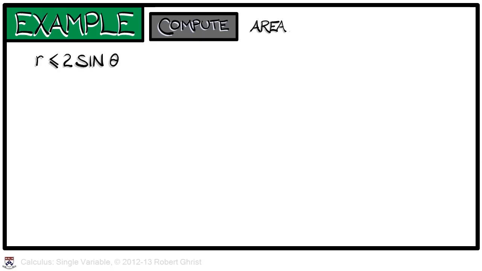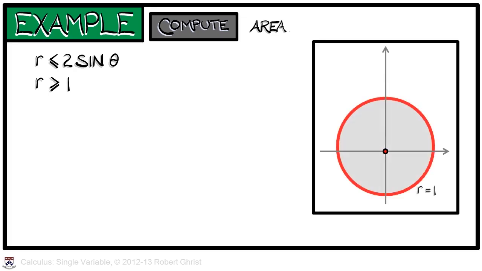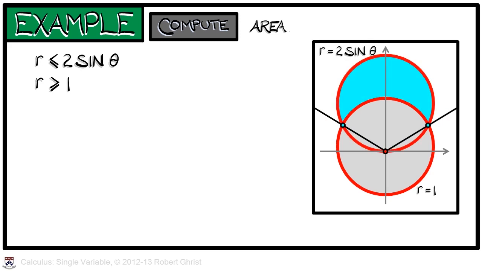Compute the area between the regions r less than or equal to 2 sine theta and r greater than or equal to 1. We can clearly see that r equals 1 is a circle, radius 1, centered at the origin. I'll leave it to you to discover that r equals 2 sine theta is likewise a circle of radius 1 shifted up the y-axis.